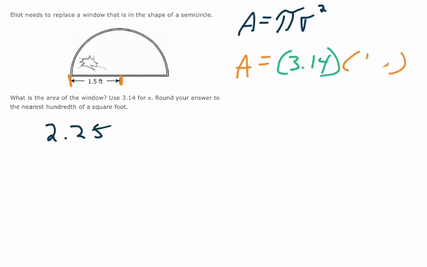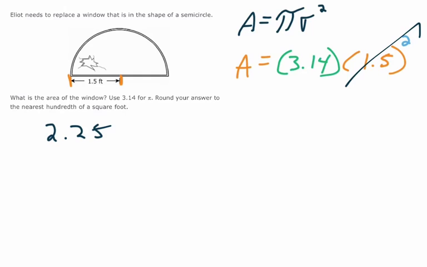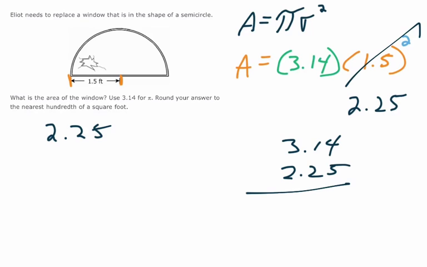So we have that. And then we need to continue what we're doing. After we have that, we need to multiply 3.14 times 2.25. And again, multiplication with decimals here, making sure that we've got things lined up, and also making sure you move your decimal back the right number of places.